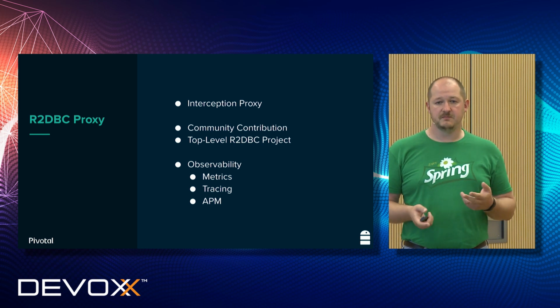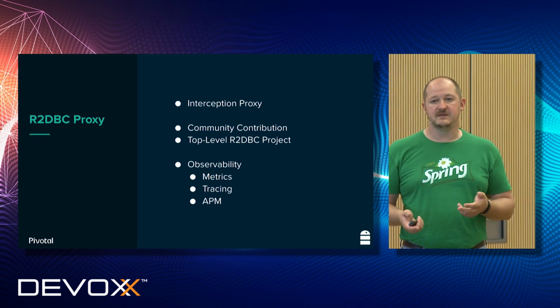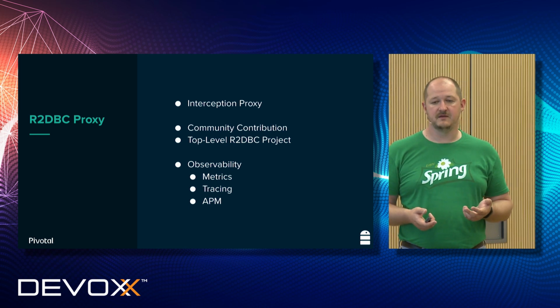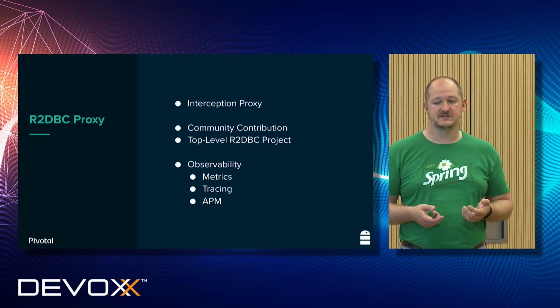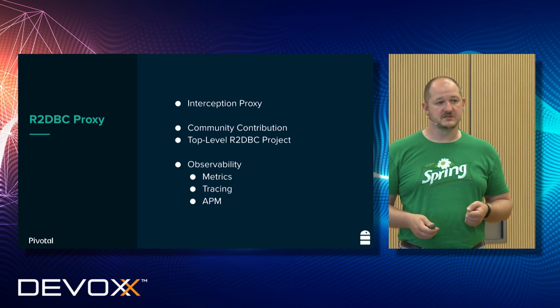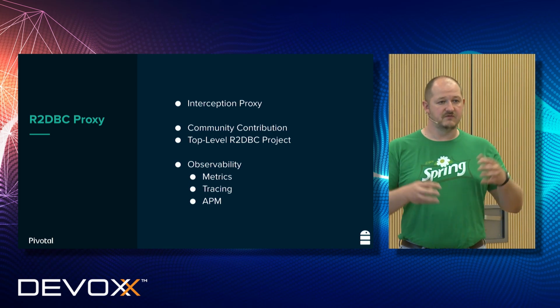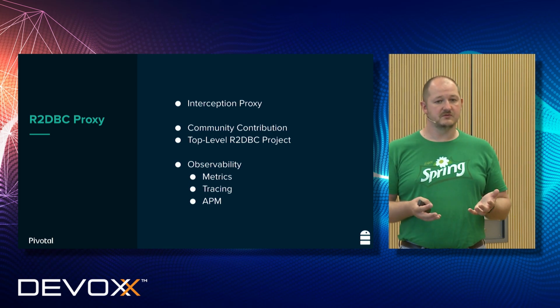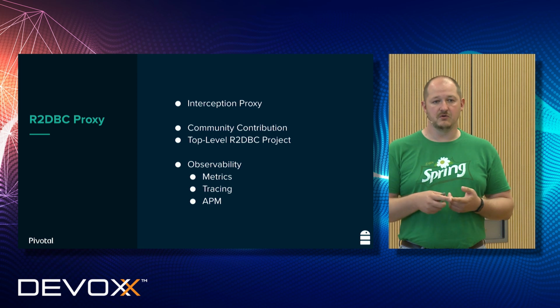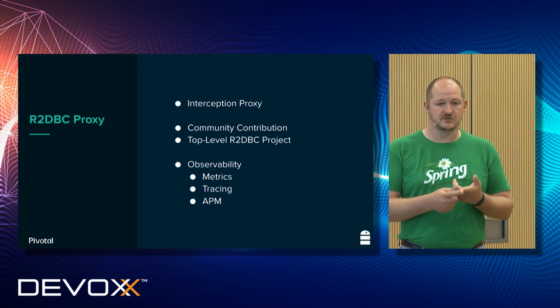So we were asked by these folks, how can you provide something for APM vendors for metrics tracing? And somebody from San Francisco started a project on its own, which was called R2DBC Proxy, and this does exactly that. It wraps a connection factory, and then you can register callback hooks that are called once you issue your statement, once the statement completes. It gives you the timing information, how many rows came back, how long it took.